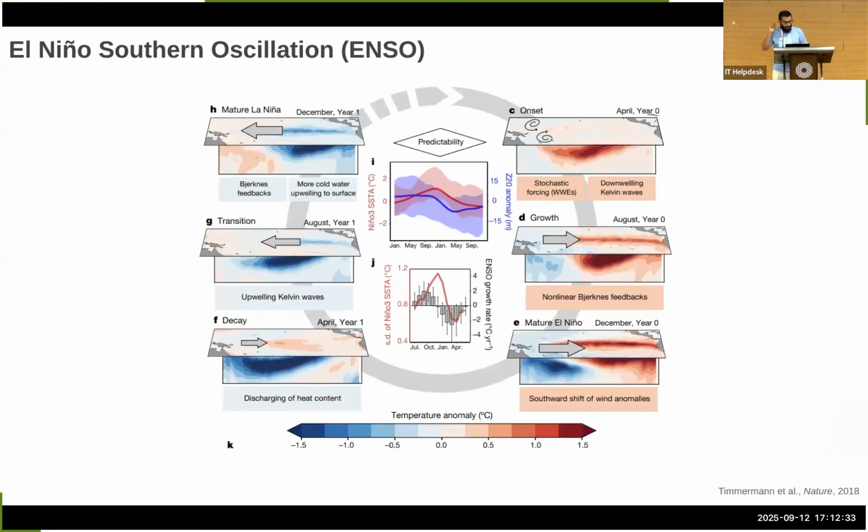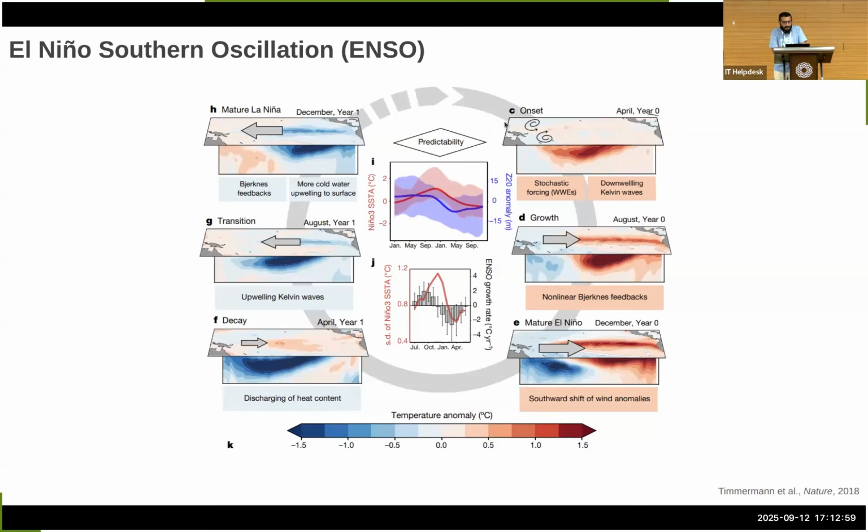So what is the ENSO? The ENSO is essentially an oscillating phenomenon of a weather state in the tropical Pacific Ocean. It manifests itself in the surface ocean temperatures as well as the subsurface ocean temperatures. And that's what's shown here in this graphic.